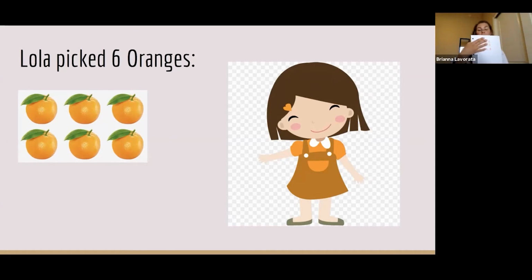So we have Cooper's basket of oranges, and now we're gonna have Lola's. So draw 6. 1, 2, 3, 4, 5, 6. Okay, 6 oranges for Lola, 12 oranges for Cooper. Okay, your picture should just look something like this. So 12 oranges for Cooper and 6 oranges for Lola.